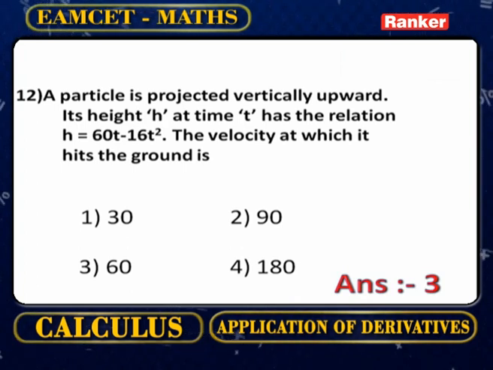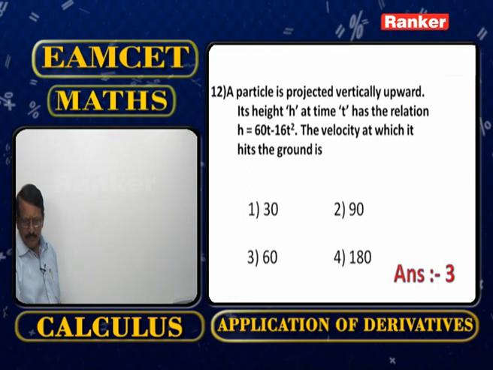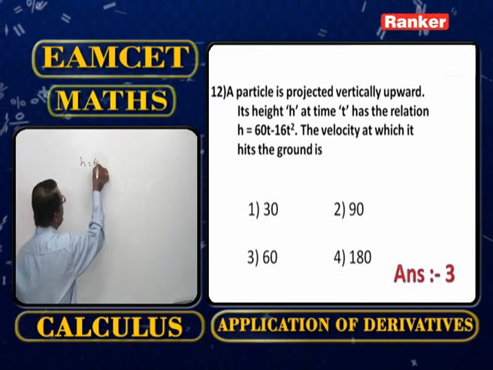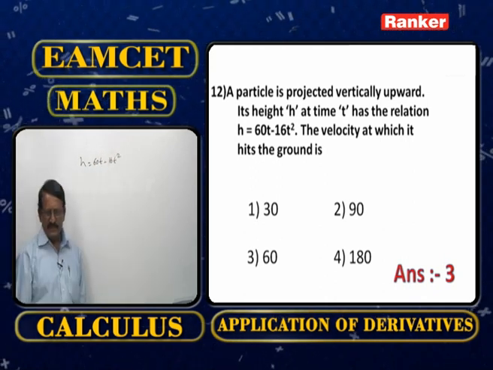A particle is projected vertically upwards. Its height h at time t has the relation h = 60t - 16t².